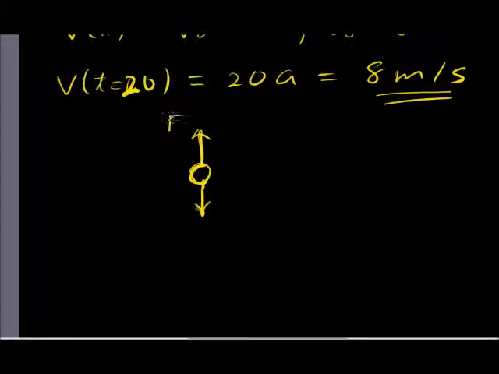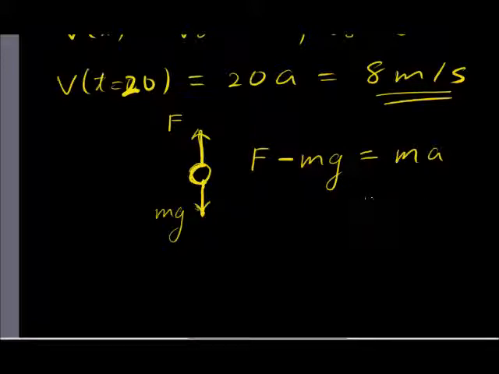Let's represent this one by F and the other one by mg. Alright, so the resultant force would be given by the lifting force minus the weight of the helicopter, and then this resultant force is going to give rise to the acceleration of the helicopter, which is m multiplied by a.